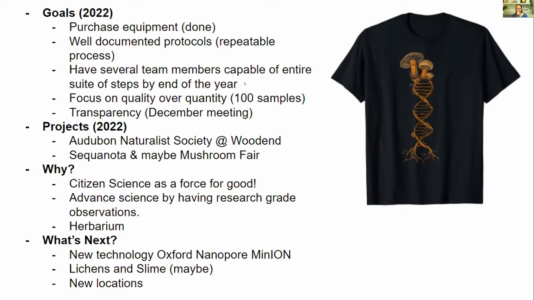This is not that difficult to do. You just have to go through a practice run a few times to kind of get your arms around what we need to achieve. I set a tentative goal for 100 samples this year to process. I think we could probably do a lot more than that, but that's not our focus.